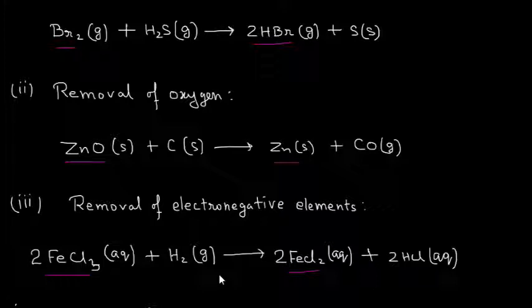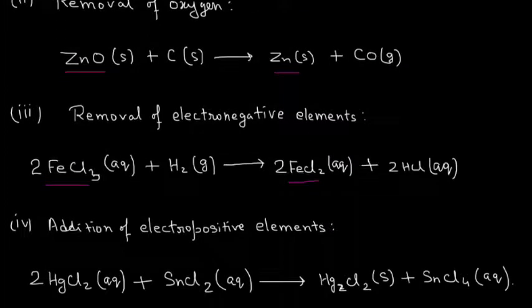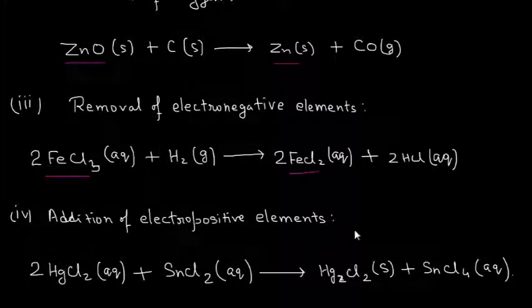The fourth point. Addition of electropositive elements. So in the below reaction we can see 2HgCl2 aqueous plus SnCl2 aqueous gives Hg2Cl2 solid and SnCl4 aqueous.